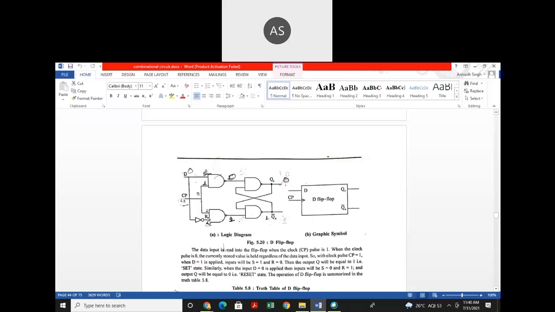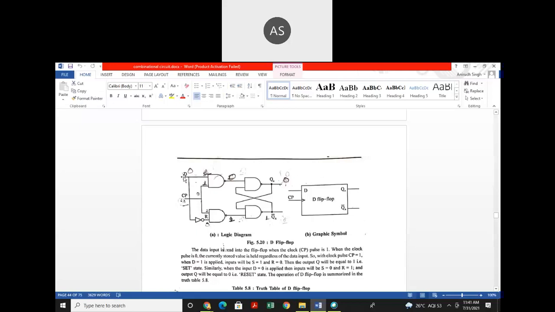It means that the fourth state, the forbidden state of SR flip-flop, is eliminated in D flip-flop, because in D flip-flop, S and R both inputs are not equal to 1 due to the connection of this inverter.